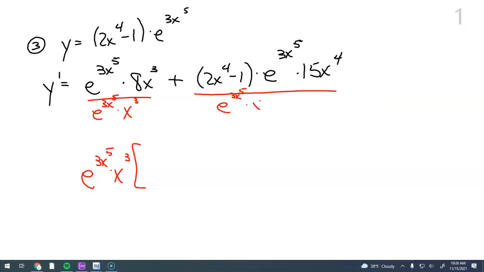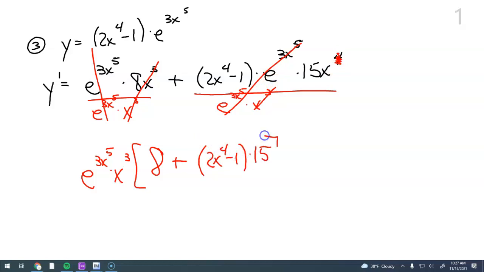Well, distributive property is multiplication, right? So what's reverse distributive property? Division. So when I do this here, that's gone, so I really just have 8, plus, when I take it out from here, that's gone. 3 of those are gone. So I'll have 2x to the 4th minus 1 times 15, and then you're actually okay, because all that's left is adding, subtracting, multiplying, dividing.